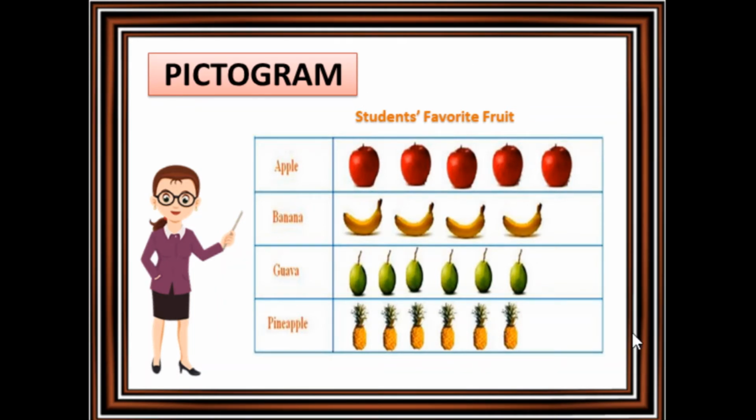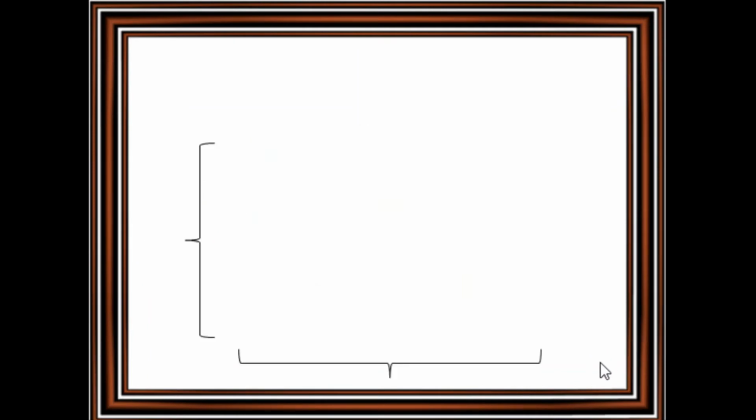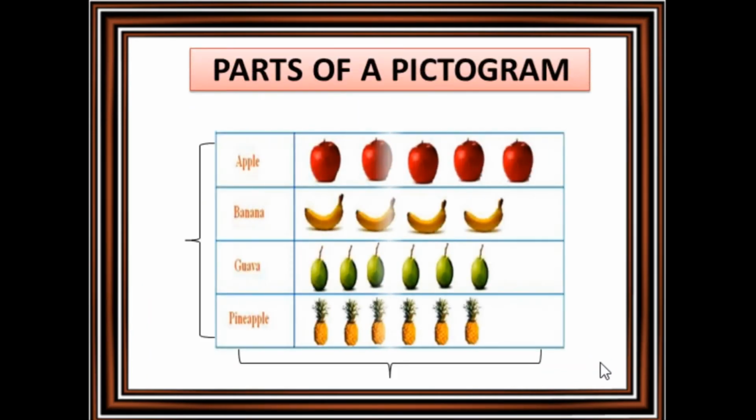Moreover, let's learn what are the parts of a pictogram. Alright, let's have the first one. As I have said, all charts have a title. So our first part is title. Again, everybody, repeat after me. Title. Alright. What is the title of the pictogram here?